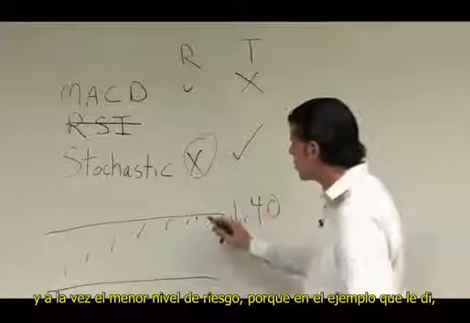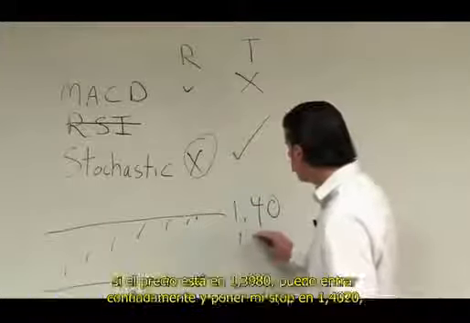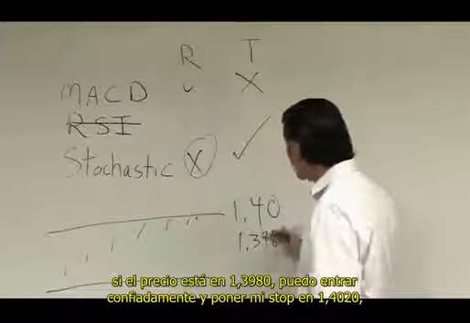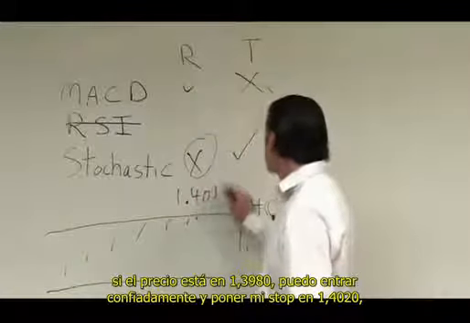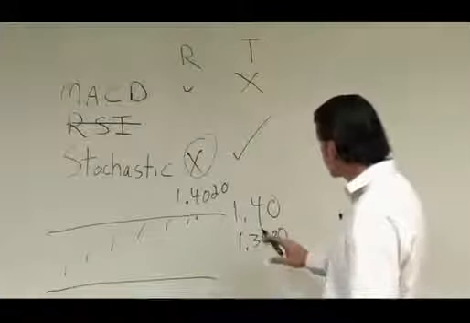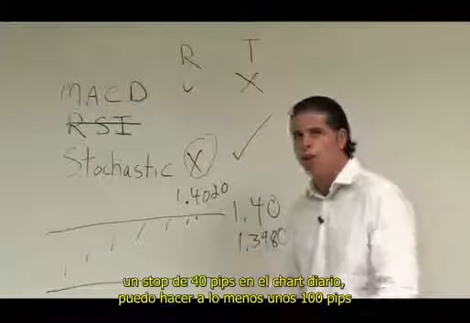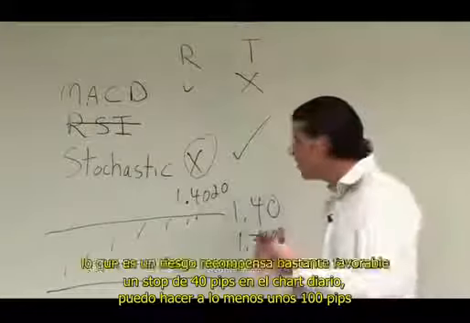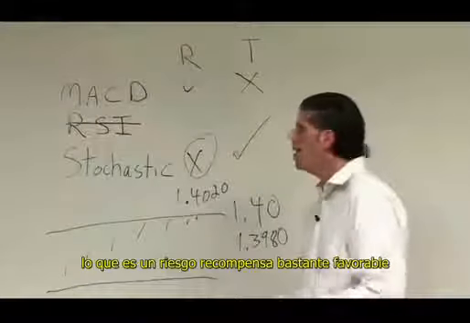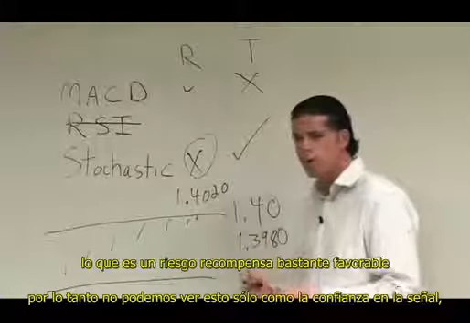Because in the example I just gave, with prices at 139.80, I can go ahead and enter that trade and place a stop confidently at 140.20. I'm only risking, let's say, 40 pips on a daily chart. On a daily chart, for that 40 pips of risk, I can make at least a couple of hundred pips in upside. That means an extremely favorable risk-reward ratio.